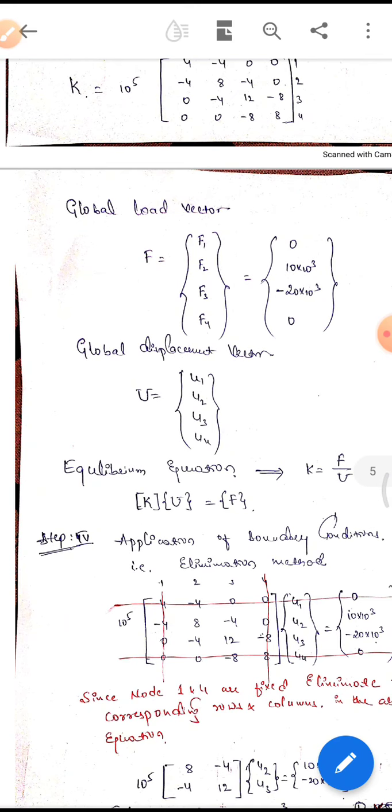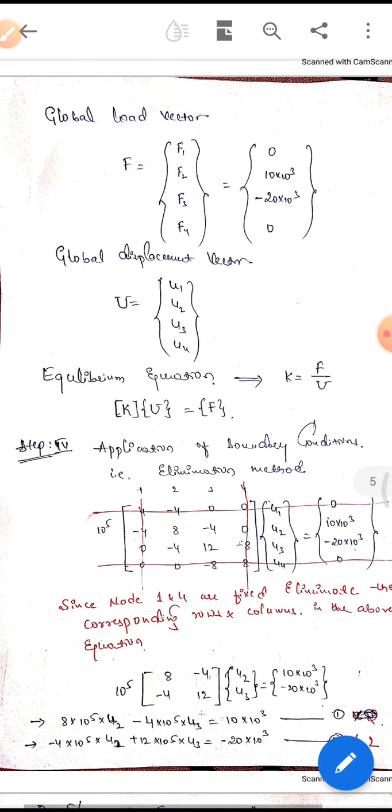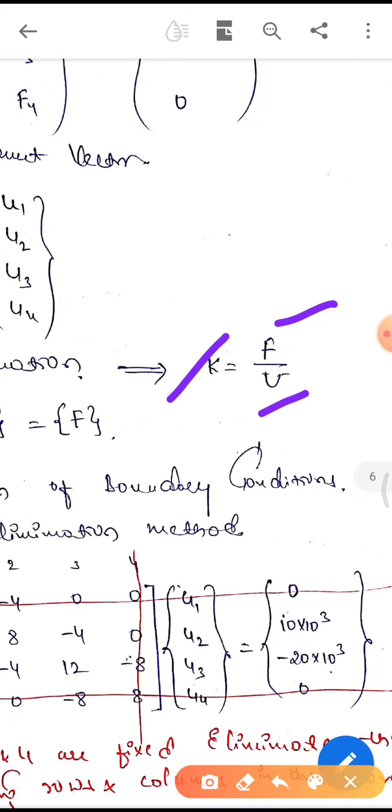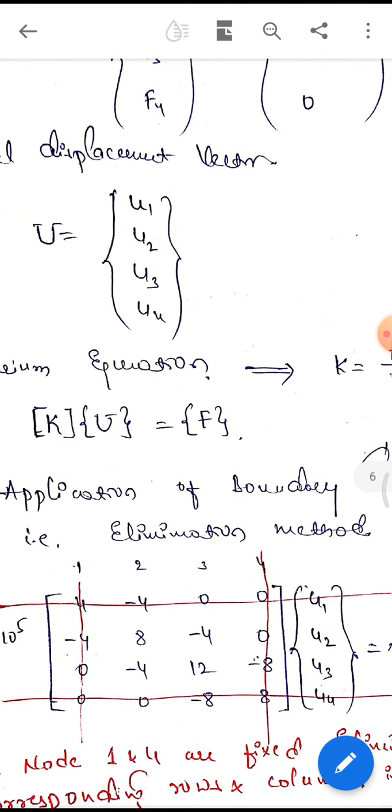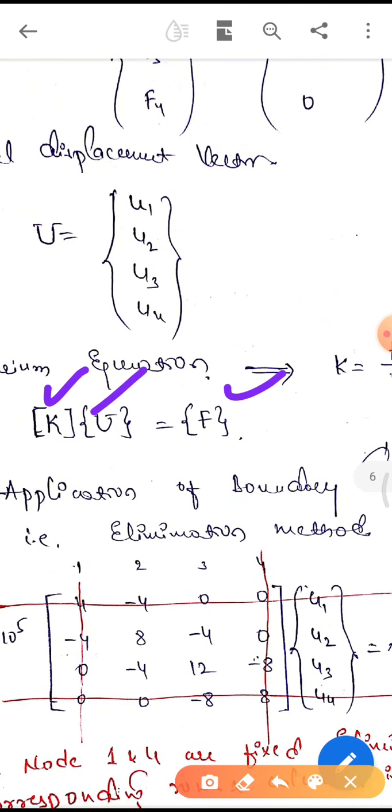Once we write the global load vector, global displacement vector and global stiffness matrix, then we need to go for the equilibrium equation. What is that equilibrium equation? We know that stiffness is equal to force per unit displacement, F by U, where U is unit displacement and F is force. We can write this equation as K into U is equal to F, where K is the global stiffness matrix, U is the global displacement vector, and F is the global load vector.